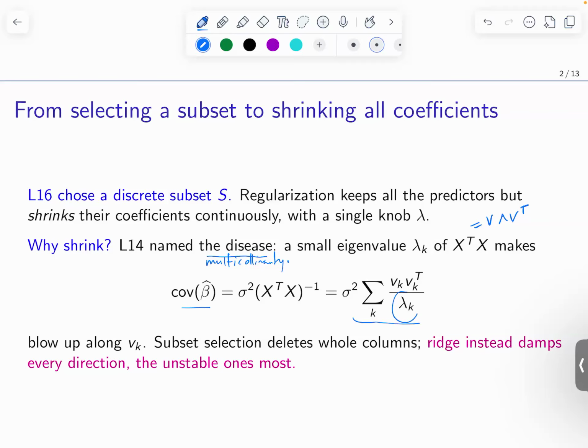The eigenvalues that are small are going to cause this to blow up. The eigenvectors corresponding to those lambdas point to directions in which the corresponding linear combination of betas, or the beta hat, is highly unstable, in the sense that you can't estimate that combination of the parameters well.